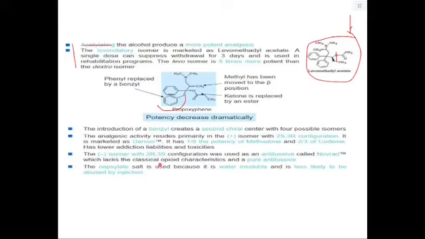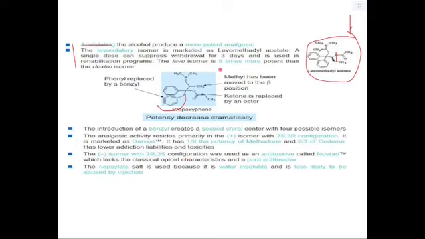The levo isomer, which now will be an enantiomer. Remember, the levo is an enantiomer or a mirror image of the dextro. So if this was S, it becomes R. If this was R, it becomes S. So the levo isomer with 2R 3S configuration was used as an antitussive, which lacks the classic opioid characteristics, and it's actually just an antitussive.